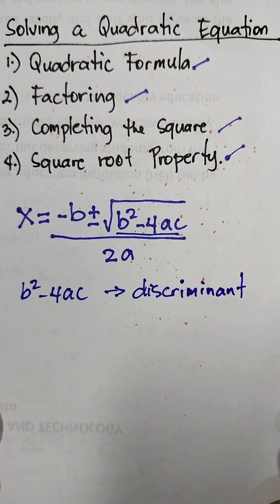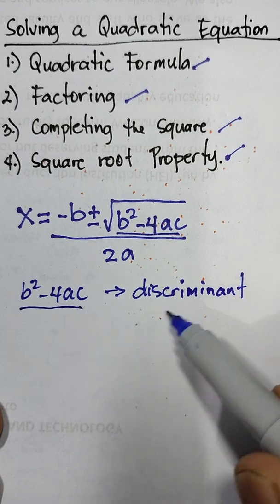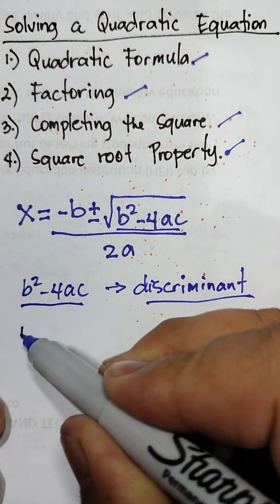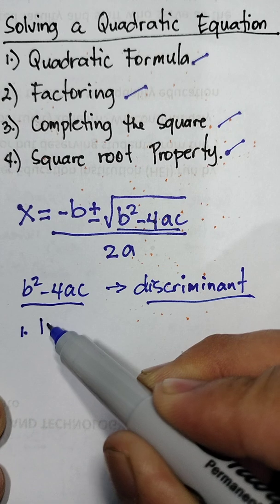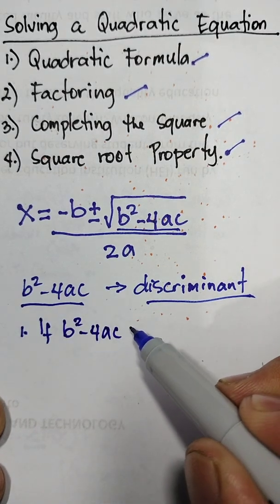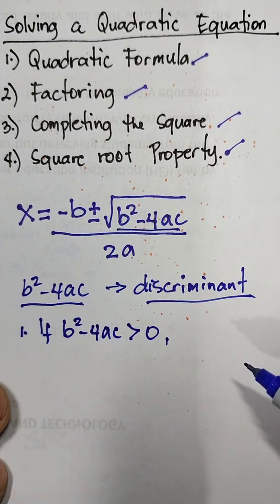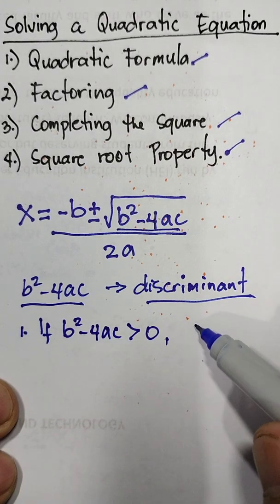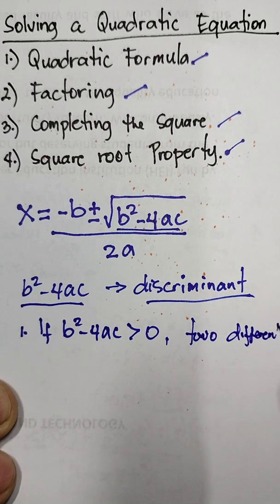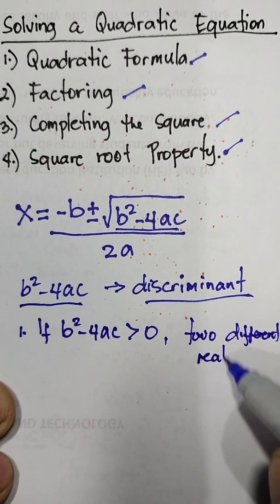So how does the discriminant determine the roots of the quadratic equation? Based on this discriminant, we will know the roots of the quadratic equation. Number 1, if b squared minus 4ac is greater than 0, the equation has two different real roots.